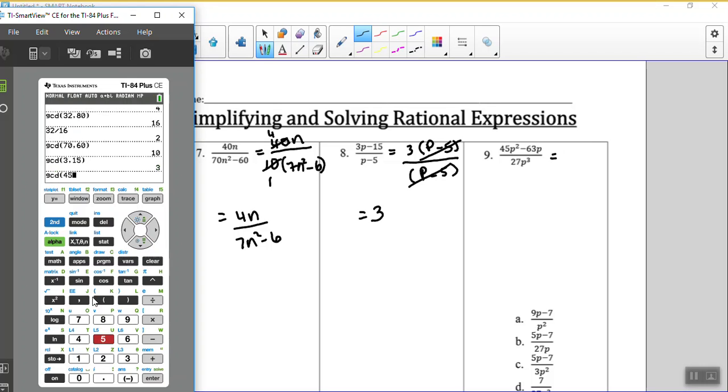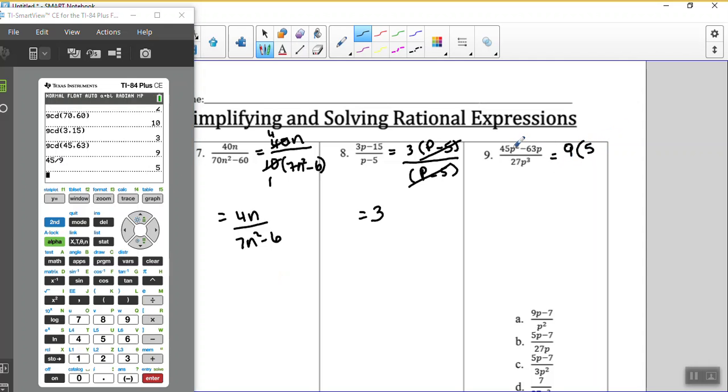So I have 45, what is that, 63, alright, 9 goes into both of them, so I'm going to write that common factor out here, put in parentheses because I'm factoring, and so 45 divided by 9, that is 5. So I'm going to write that 5 here.